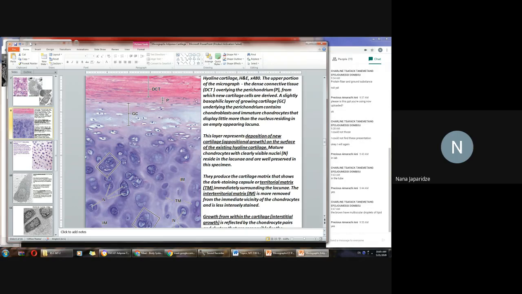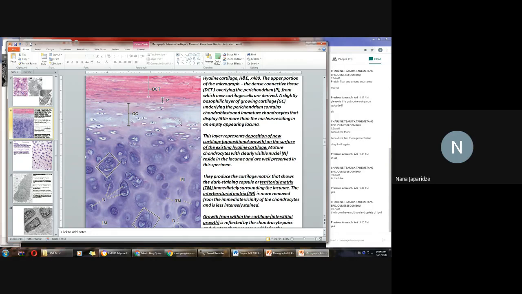So perichondrium contains the mesenchymal-like cells, which differentiate into the cartilage cells or chondroblasts. Look, here are chondroblasts. And then later chondroblasts differentiate and give rise to the chondrocytes.